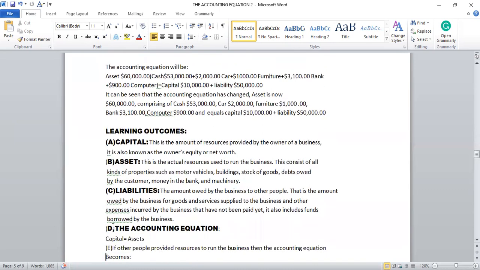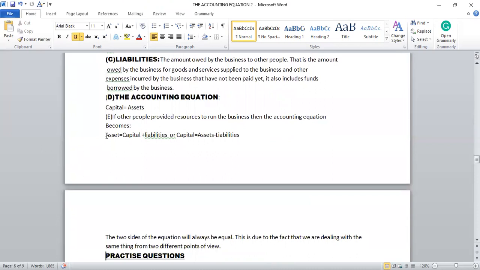D, the fourth thing we've learned is the accounting equation. The accounting equation says the capital is equal to assets. E, if other people provide resources to run the business, then the accounting equation will be asset is equal to capital plus liabilities, or capital is equal to asset minus liabilities.